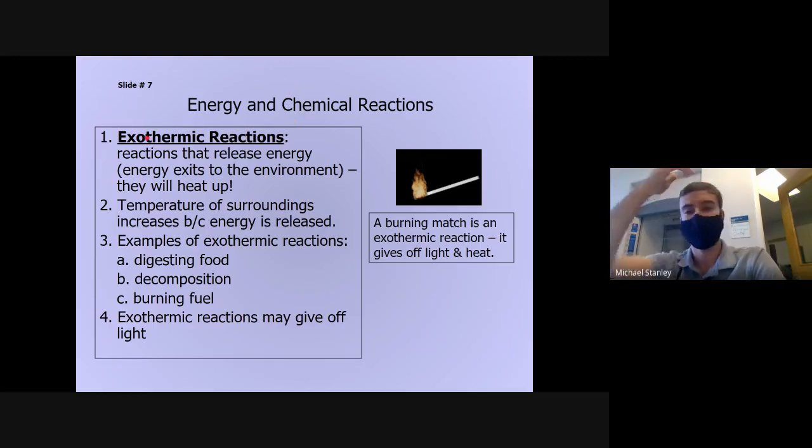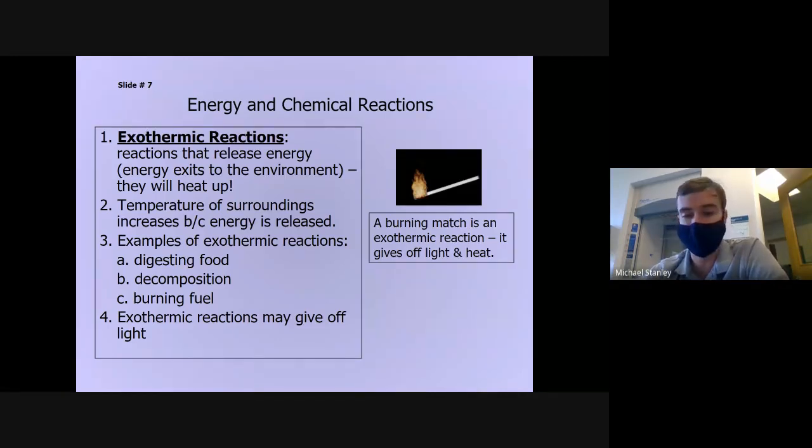The reaction is safe to have near you and non-toxic, but it produces a lot of heat. So it's a nice way to keep your hands and feet warm when it is super cold and chilly outside. So exothermic means heat is being released, given off into the environment.